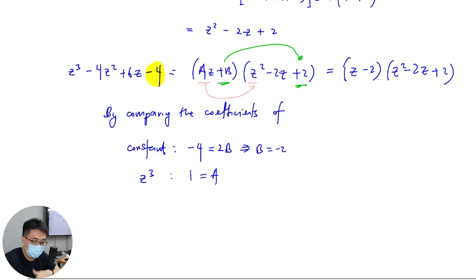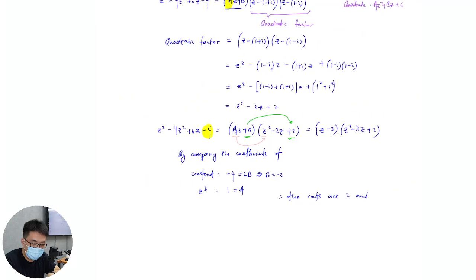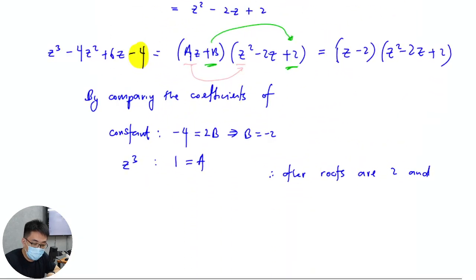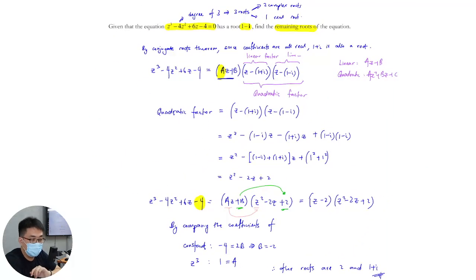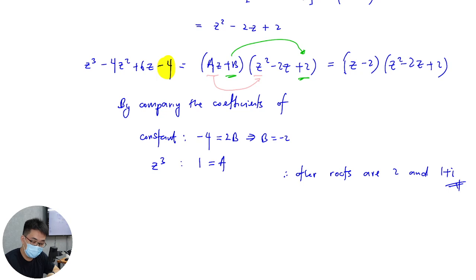Okay, so hence the other roots: 2 and 1 plus i. Remaining roots.